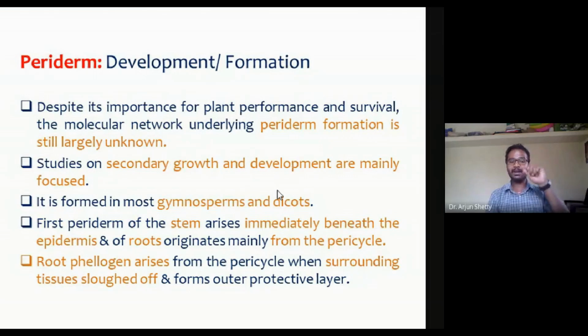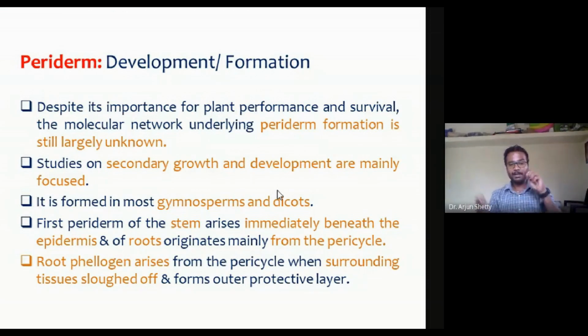That concept has been the focus for many years, but the formation of the periderm from the phellogen, phelloderm and phellem is not yet clearly elucidated. We know that morphologically we see three different layers in the outer bark, but the molecular mechanism is not yet clearly studied. Roughly, the scientific community has put forth a model for the development of the periderm, which I'm going to explain in the coming slide.